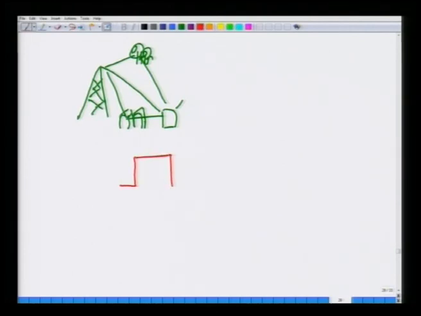Now, let us say I have a transmitted signal that looks like this. Let us say this is my transmitted signal, this is symbol 0, this is symbol 1, this is symbol 2, this is symbol 3, this is symbol 4.